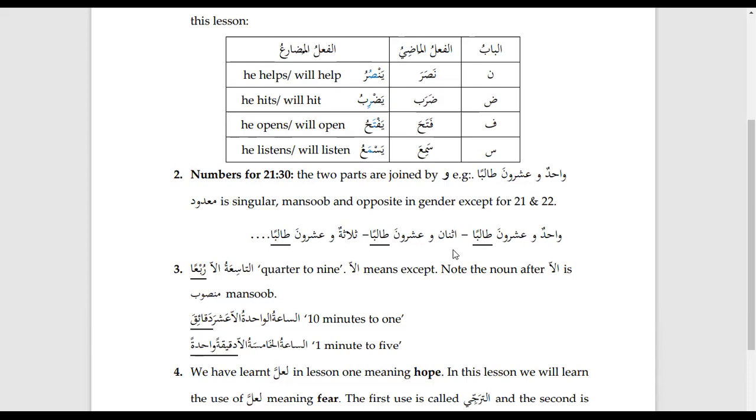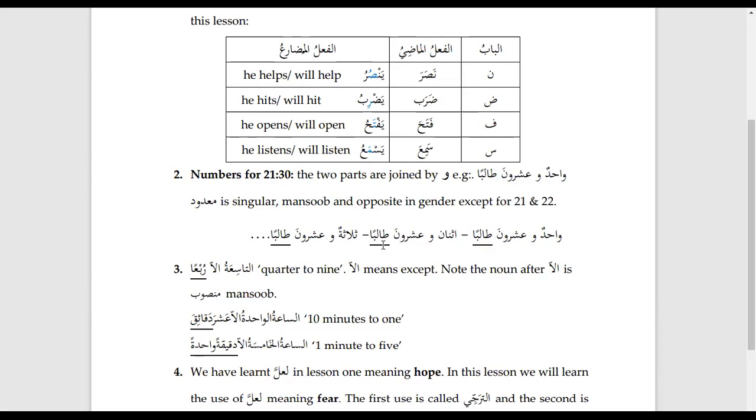It will be ithnani wa ishruna taliban, because here the ma'dud will be mansub. For 21 and 22, they will be equal in gender, but we cannot say it is a noun and adjective. All right.